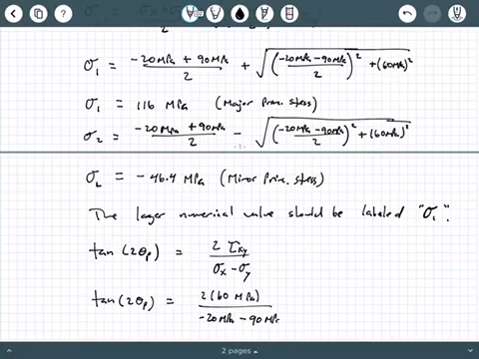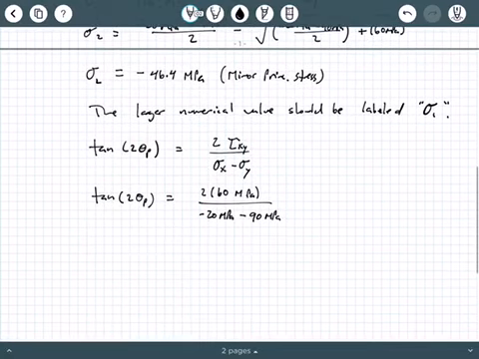So if we substitute some values in, we get tangent of 2 theta p equals 2 times 60 megapascals divided by, and we will have negative 20 MPa minus 90 MPa, okay?